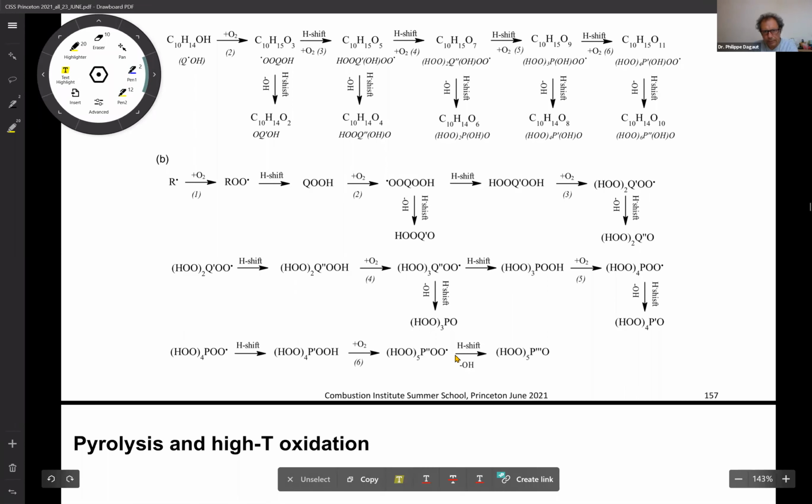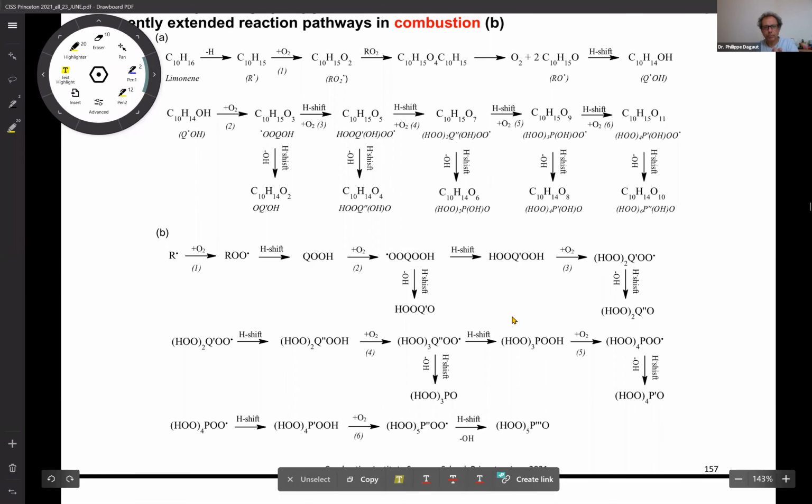Then you get this peroxy radical, and after H shift and elimination of OH, you get this keto product with 5 hydroperoxy groups. And this is what we observed in our experiments. And this is something that was not much expected until recently.